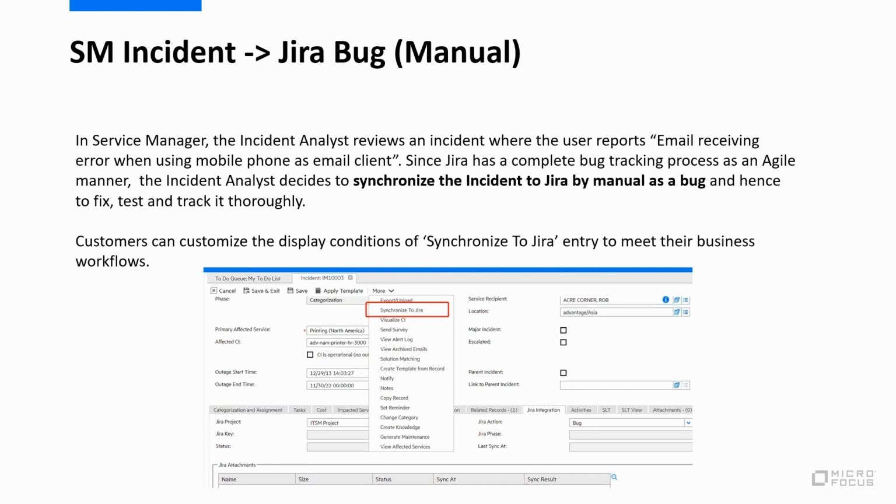Once some incidents need to be synchronized to Jira as bugs, the incident analyst can select a menu entry or a button to synchronize the incident to Jira manually. The menu entry is designed as shown in this picture. Of course, customers can customize the display options of the menu entry or the button to meet their business workflows.